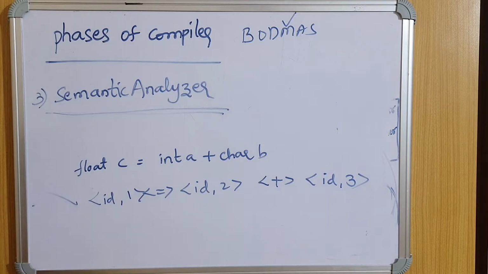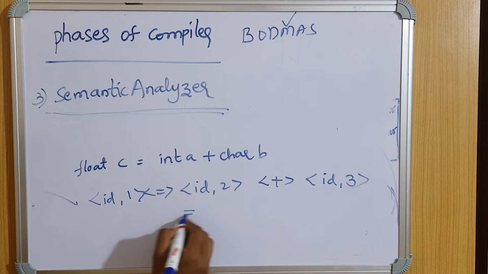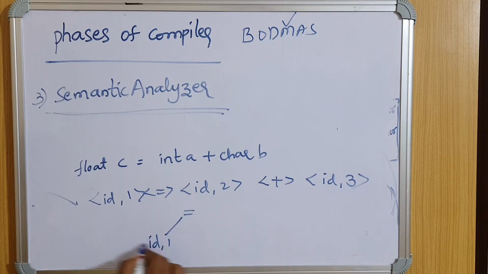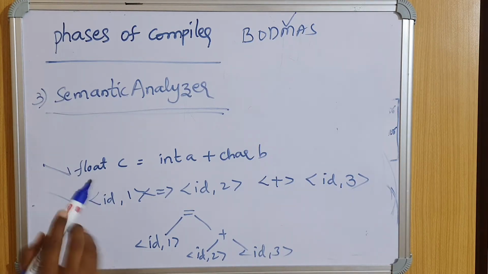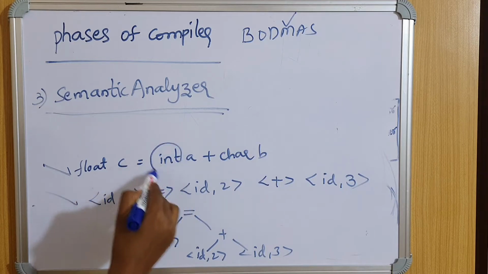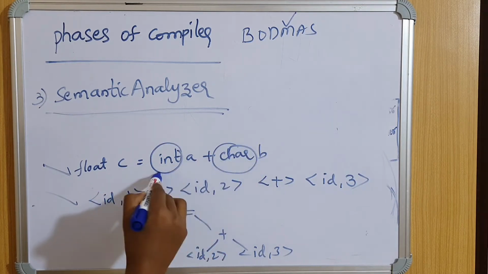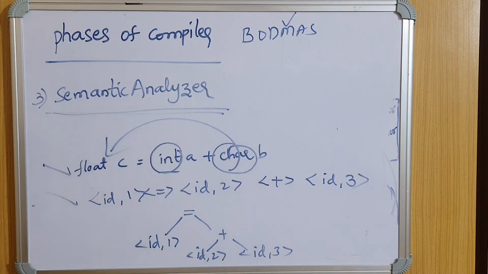It is lexically correct. What is the next phase? The syntax phase. What is the syntax phase output? id 1 plus id 2. Syntactically also correct. Then is this actually a correct statement? No. Why? Because it's not possible: the combination of integer plus character will not be stored in a float.